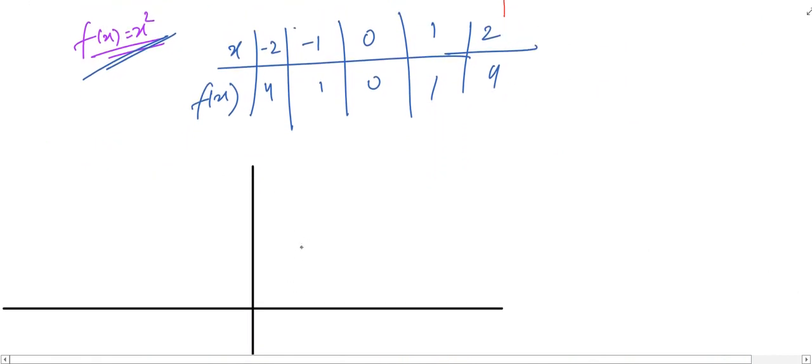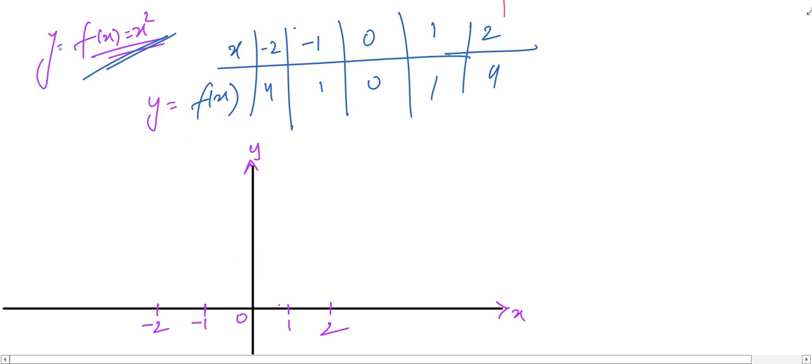Right, so let's try to plot. This won't be as good as you would get from software, but let's try. This is the x-axis and this is the y-axis. 1, 2, and there is a -2, and let us make the scale on the y-axis a bit smaller, because it's taking up quite a lot of space.